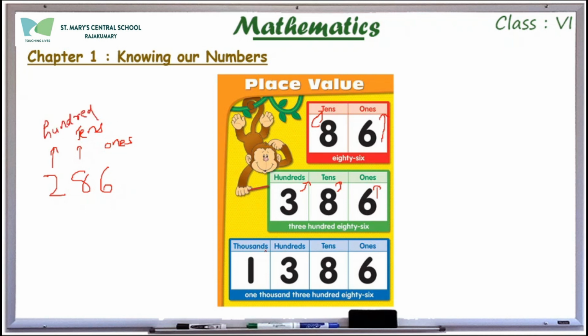So for the example of 1386, 6 is at ones place, 8 is at tens place, and 1 is at thousands place. So the place is already determined here.